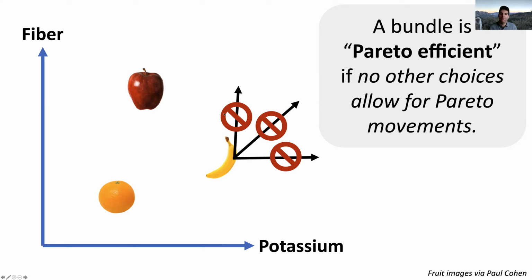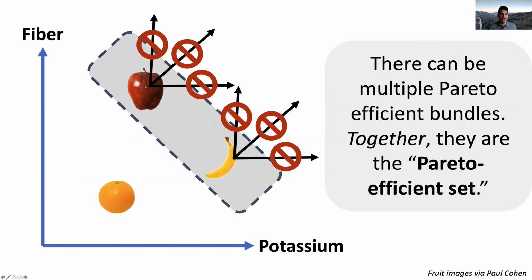Because there are no Pareto improvements, this is what's called Pareto efficient. And if we select all of the options that are Pareto efficient together, we have the so-called Pareto efficient set. These are all of the options from which, if you picked one of them, there would not be an obvious choice of something else to pick that would dominate that option.